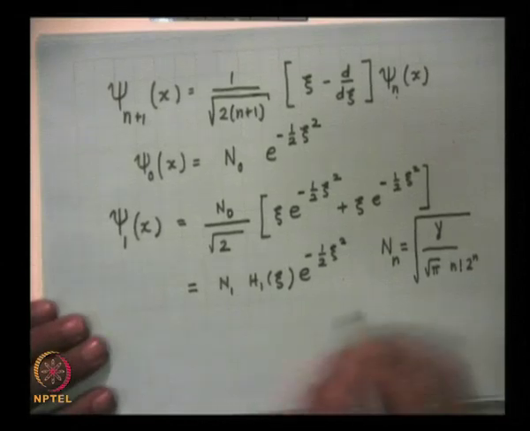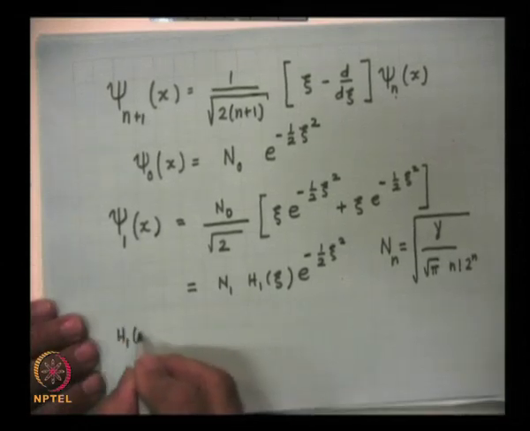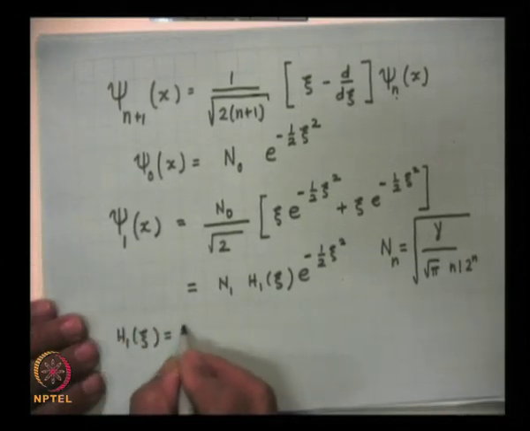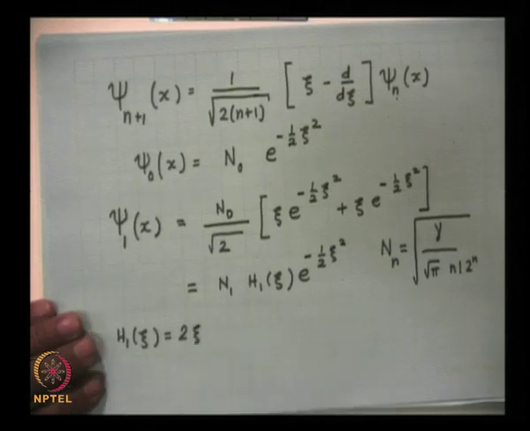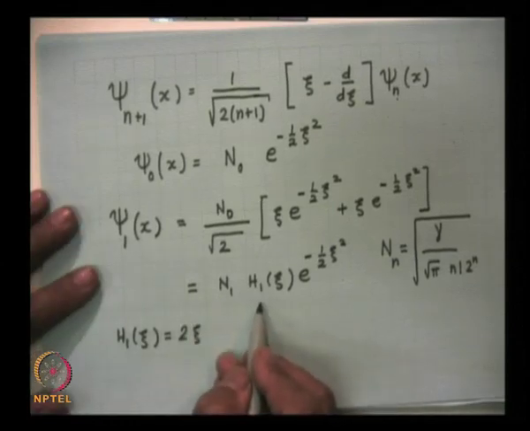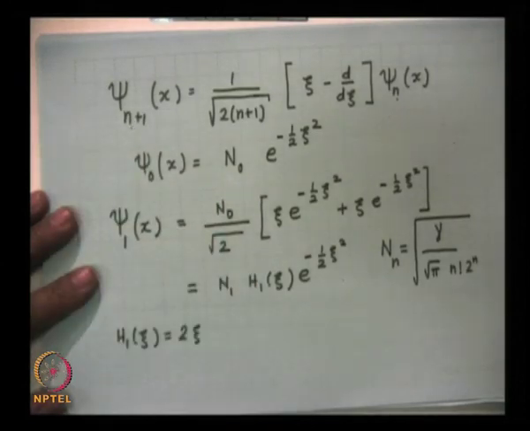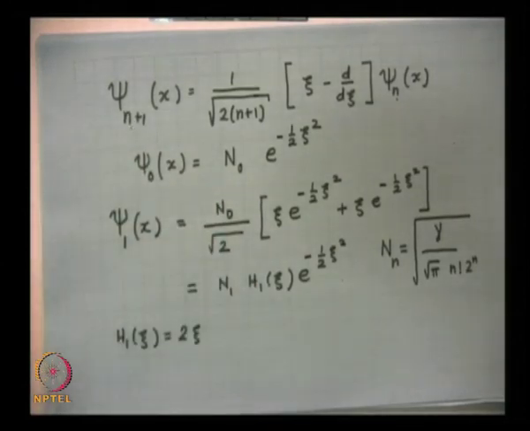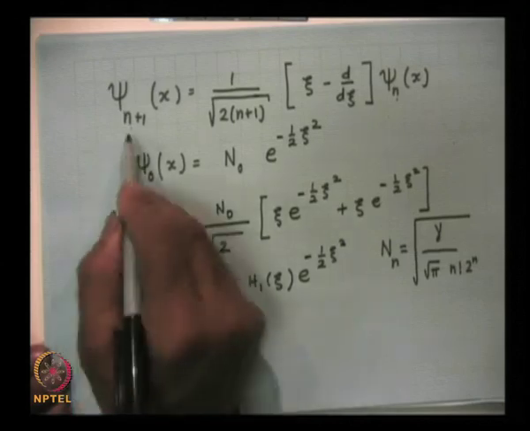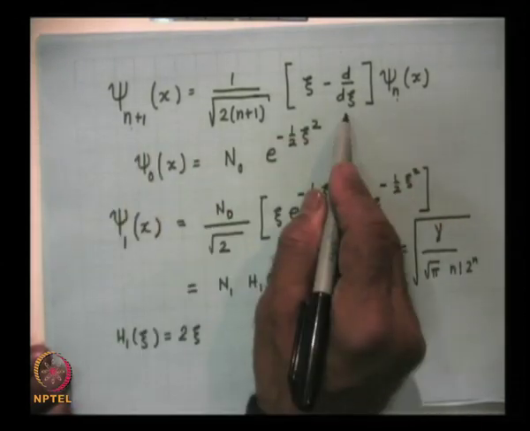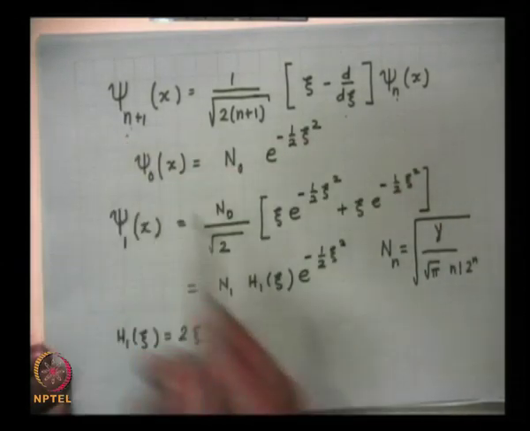So, H 1 of xi, as you know, is equal to 2 times xi. Now, I know psi 1 of xi, so I can find out psi 2 of xi, and they will be automatically normalized. Once I have psi 2 of xi, I can differentiate it again and I obtain psi 3 of xi and so on.